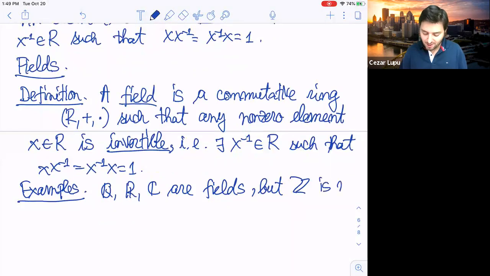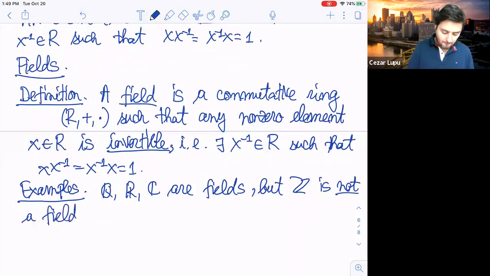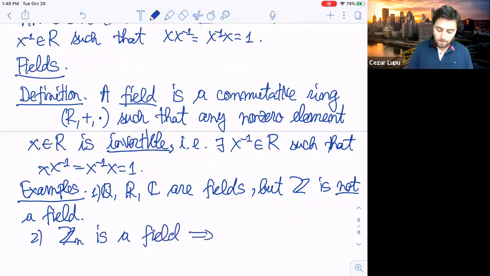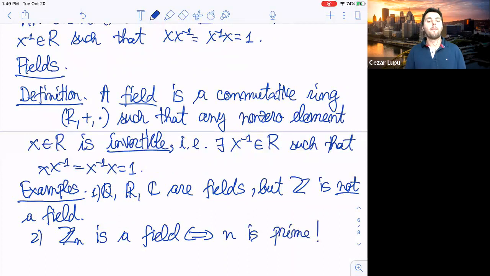So Z is not a field. Right? And moreover, the second example I have in mind, the ring of integers modulo n, this is a field if and only if n is prime. So we talk about the field of integers modulo a prime.